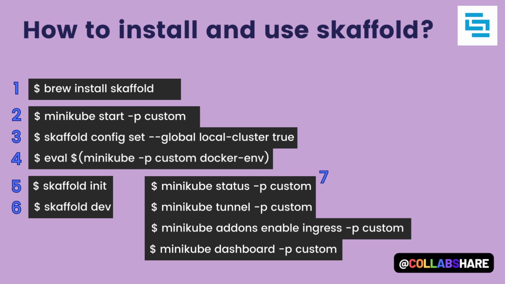This command is used to build and deploy our application continuously, providing real-time updates and streamlining the development workflow. And the set of commands in number seven is the commands that we usually use during our microservice developments using Minikube. And I will show you how to use them and when to use them.